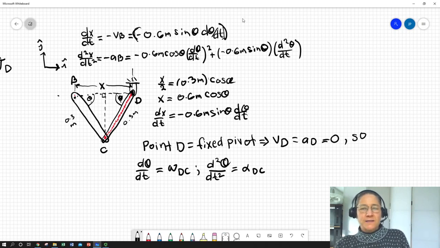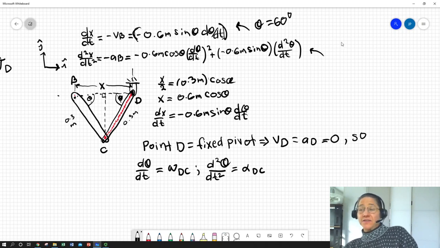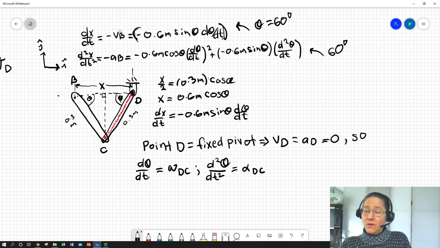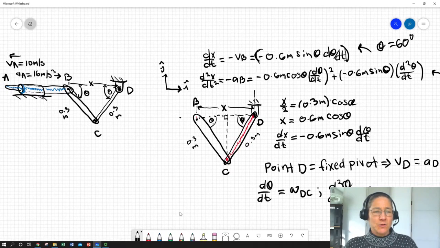So if we go back to these two expressions and we say theta equals 60 degrees, because the question is concerned with the snapshot in time at which theta equals 60 degrees, and we use what we know about the velocity of point B, because we were given the velocity of point A, and we know velocities of points A and B are the same, and I'll scroll back over there.